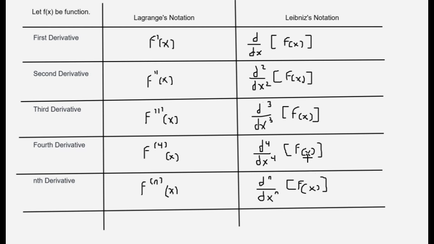And let's look at some examples, so how we can use this notation. For example, let's say example 1, find the first, second, and third derivatives of f of x.